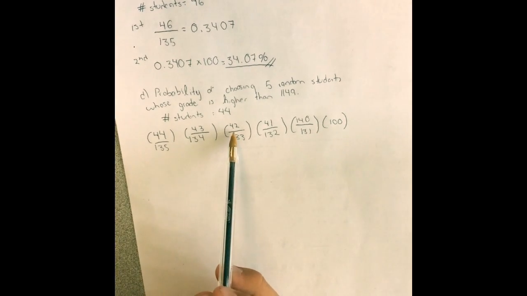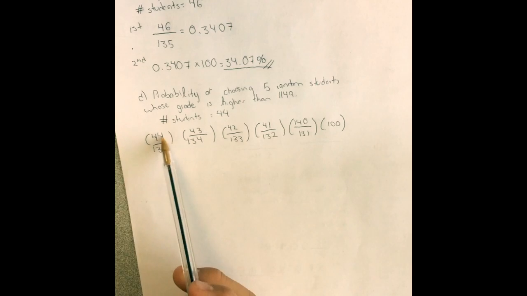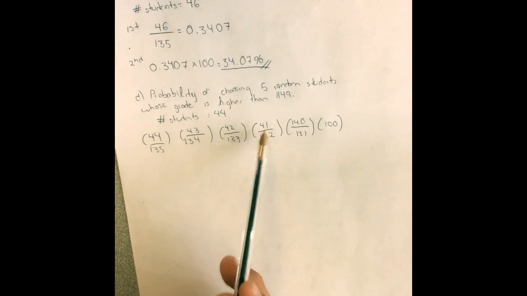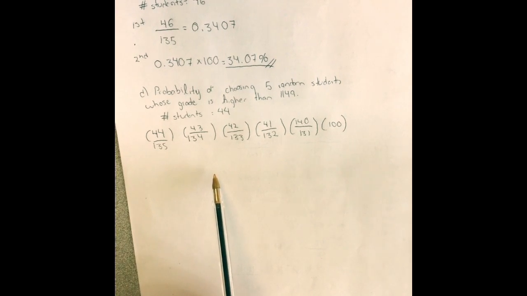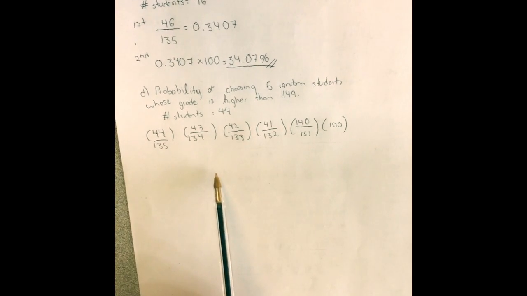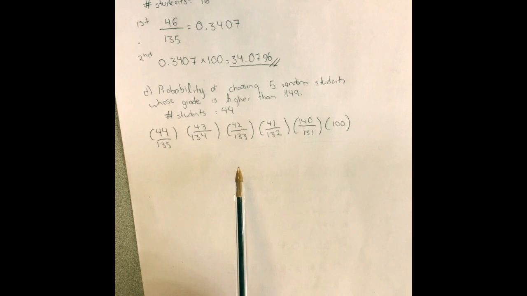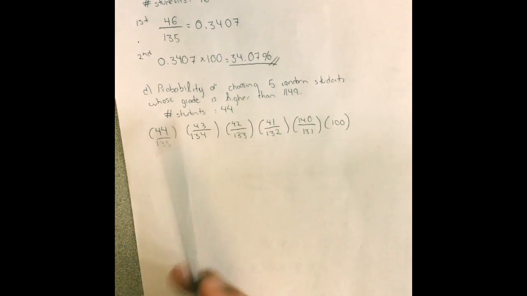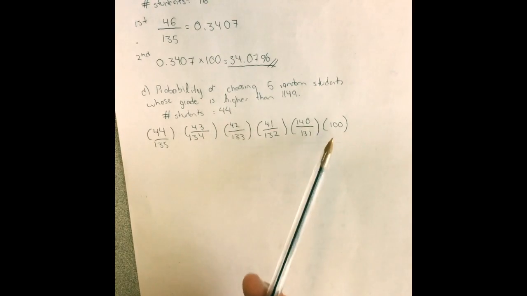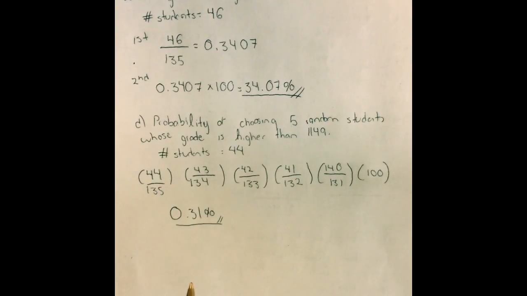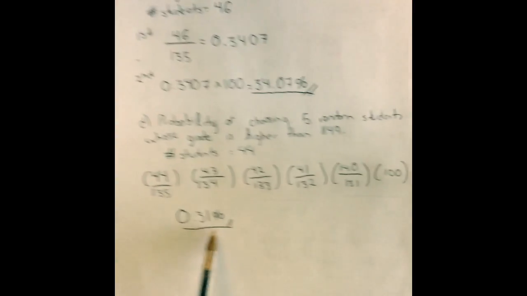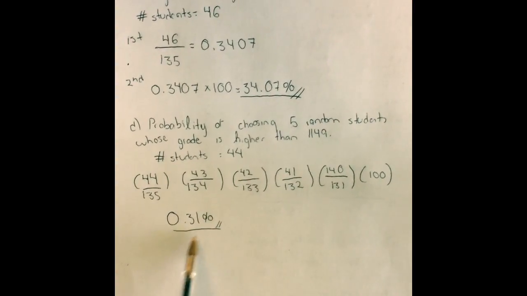As you see, there is only a difference of 1 in each term, and that's because we need to subtract a student, because a student can't be repeated twice. And we're going to multiply everything by 100 in order to obtain the result in a percentage. So 0.31% is going to be our result and our answer.